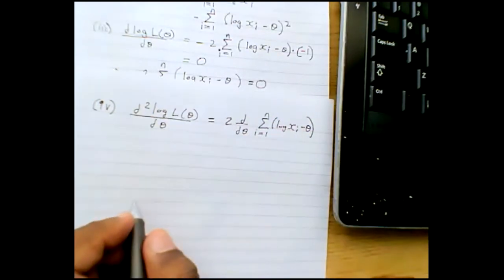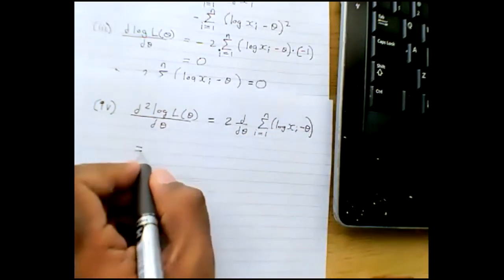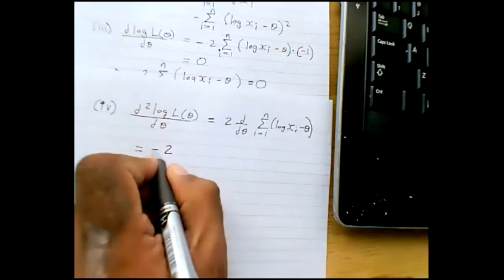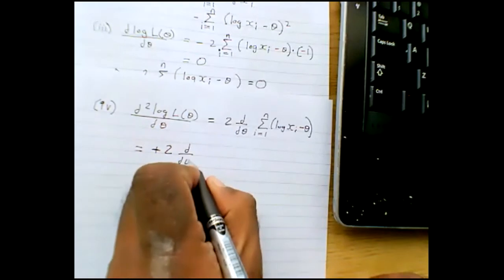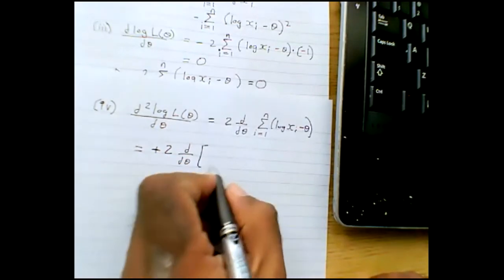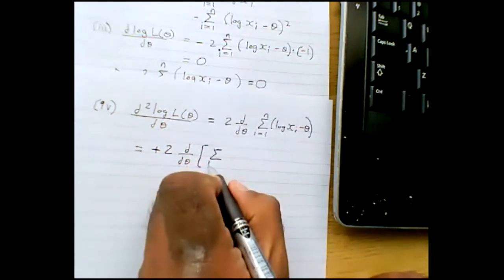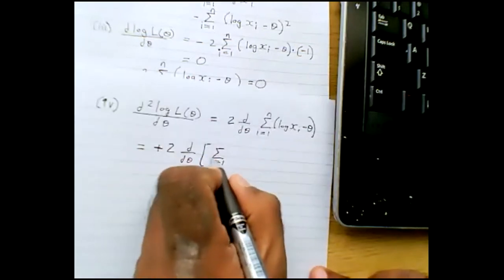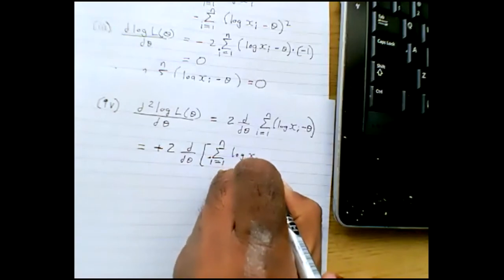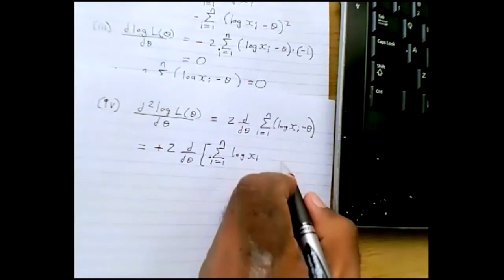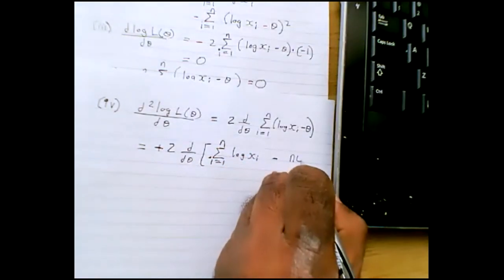right? Now this is going to be plus 2 times d by d theta of the sum of log of xi minus the sum of theta, which is n theta.